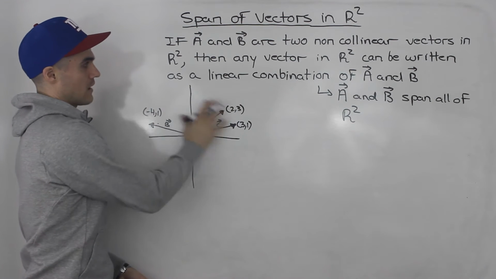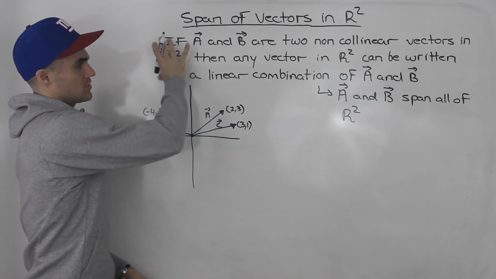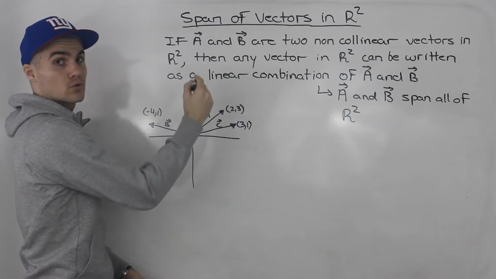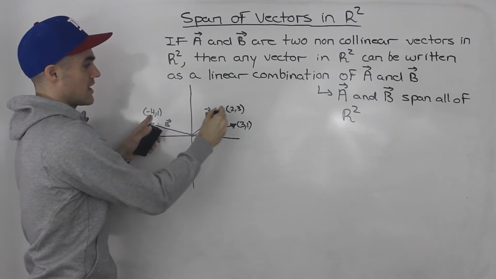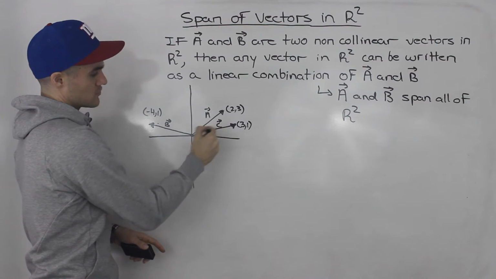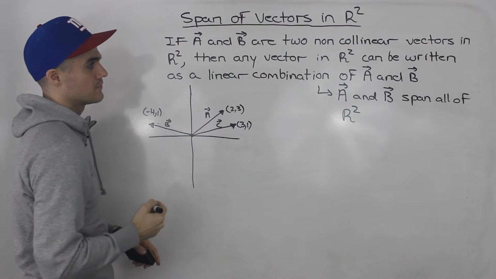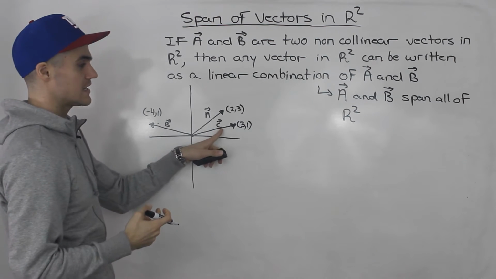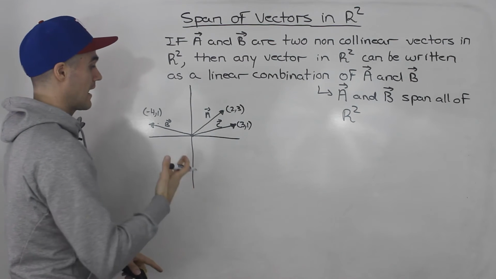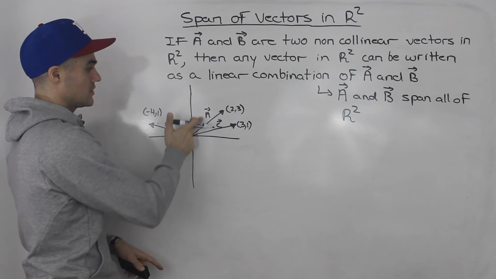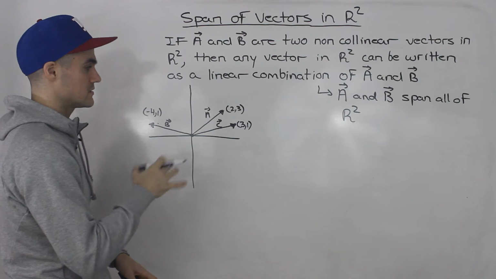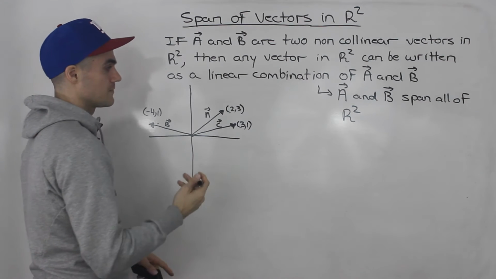Now that we have our vectors here, we can show how this result works. Notice that we have our two non-collinear vectors, A and B, and then we have this random vector C that we brought in. We have to show that vector C can be written as a linear combination of A and B. What does it mean for it to be written as a linear combination?